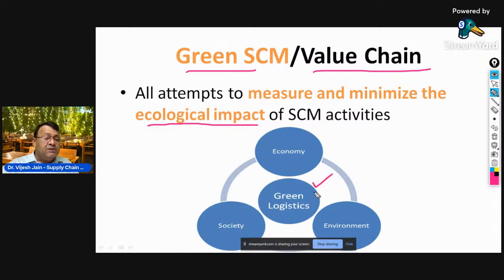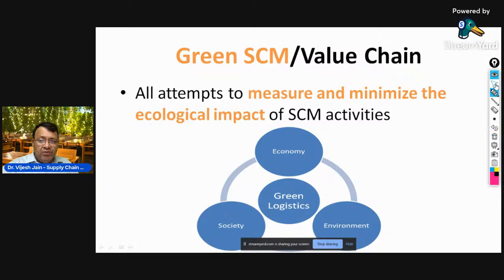That becomes the center point for the local economies, local societies, and global environment.